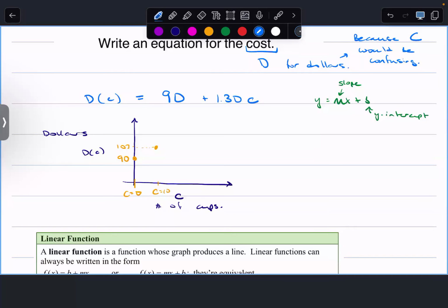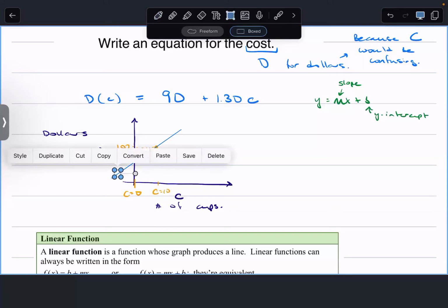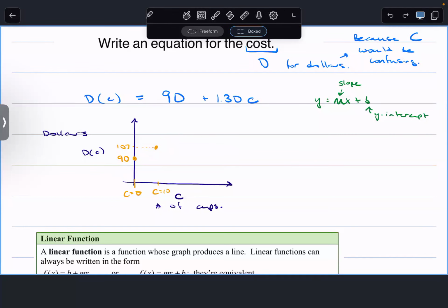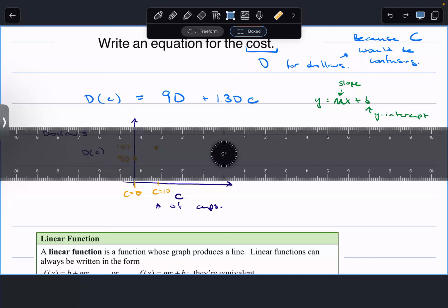I just kind of use the edge of my paper as a straight edge. It's harder on here though. I think I do actually. Let's see here. Boy, okay.